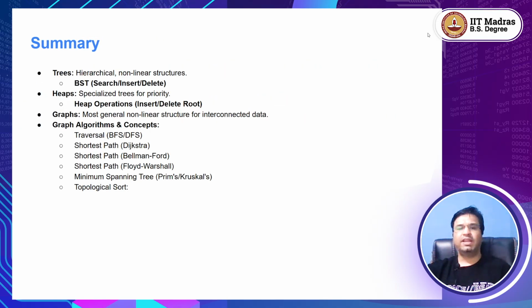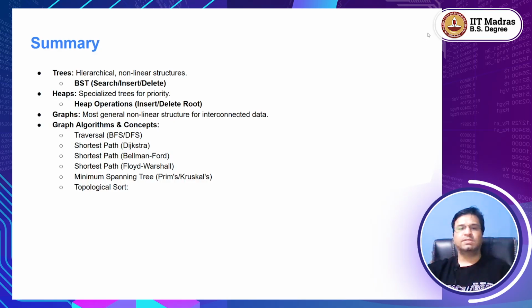Alright, let's quickly recap our journey through these advanced data structures and their powerful algorithms. We started with trees, understanding them as hierarchical structures, especially binary search trees, which allow for efficient searching, insertion, and deletion, typically in logarithmic time.